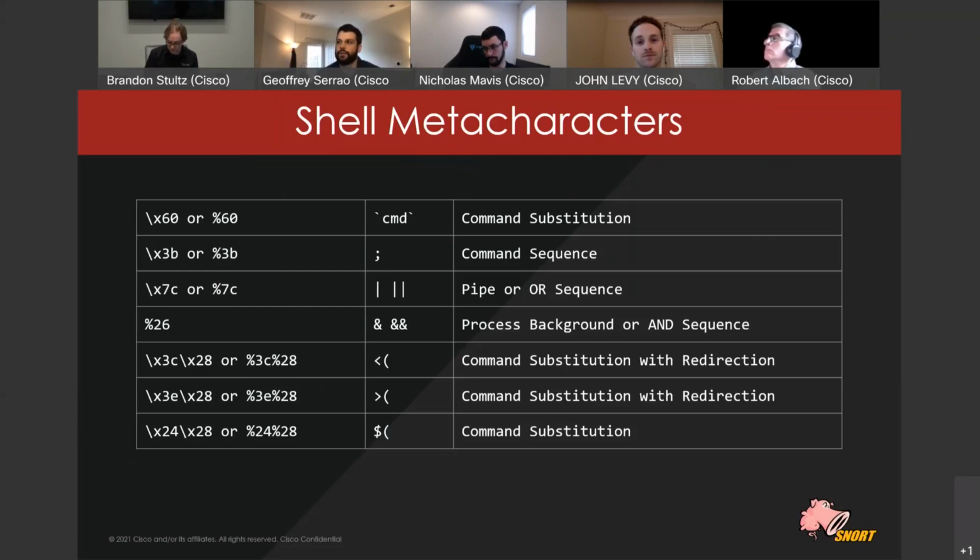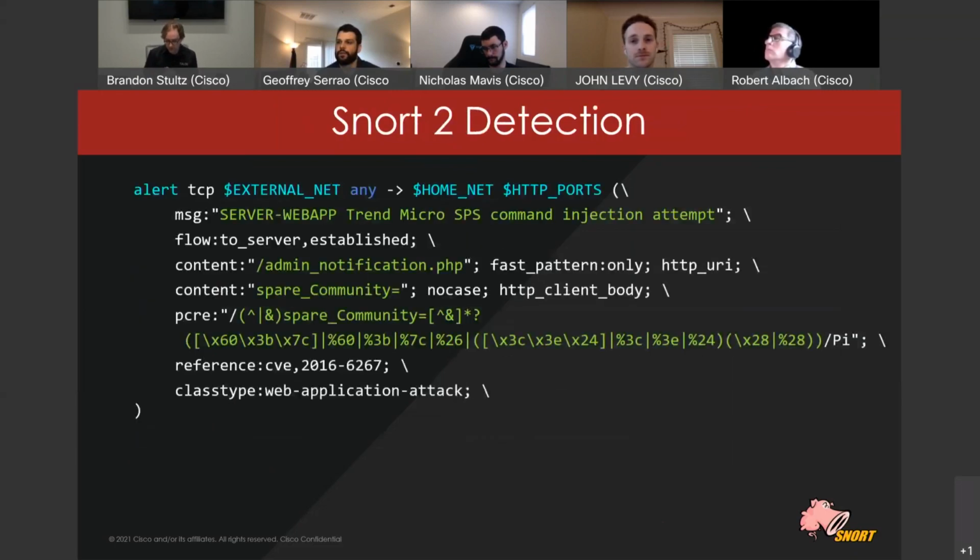So in Snort 2, what you would do is you would take a look at that post request and think, all right, well, this is only going to be sent to admin notification, right? So we want to match that URI. And where is the vulnerable parameter? Well, the vulnerable parameter, as we saw when we broke down the code on the back end, is spare community.